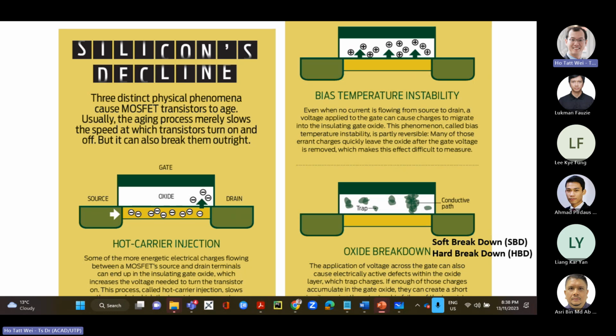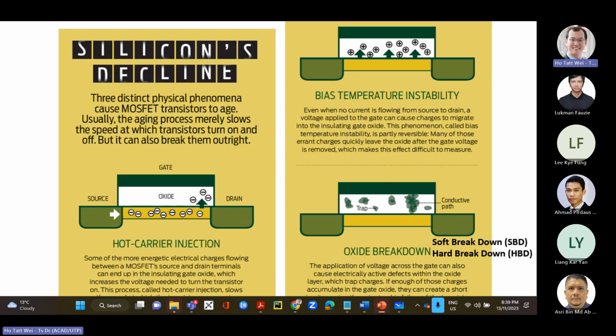Conversely, for a PMOS transistor, P-type, if you put a logic 1 here, there's no channel, right? But if you put a logic 0 here, then there is a channel. The holes will go up here. So PMOS transistors will degrade if you hold the gate at logic 0 or ground for a long time.